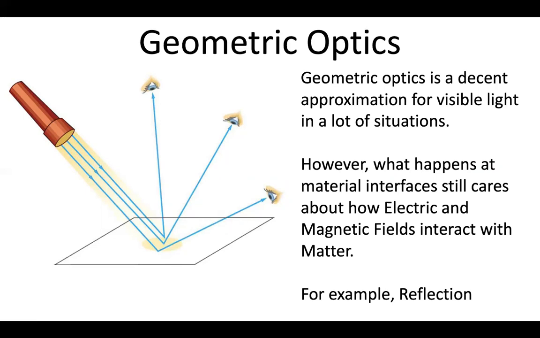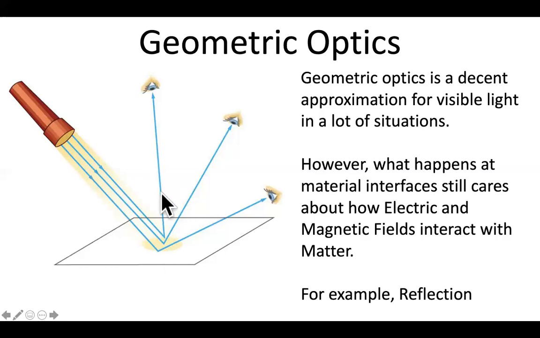Now, it turns out the basic rules that govern this do depend on the fact that this is an electromagnetic wave and that the electric and magnetic fields are interacting with the matter down here. But from those detailed interactions, some basic rules appear.